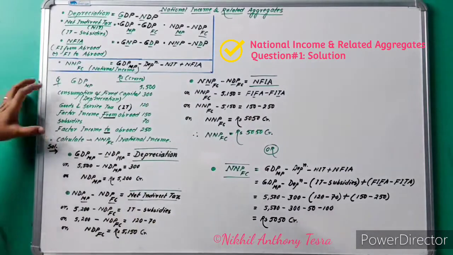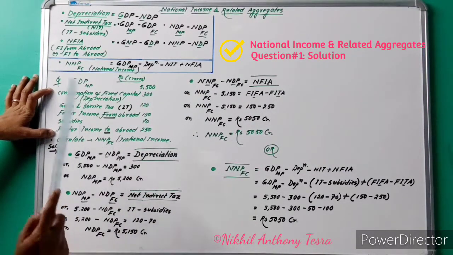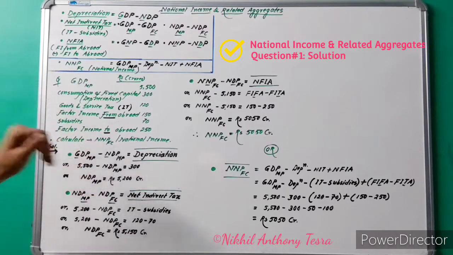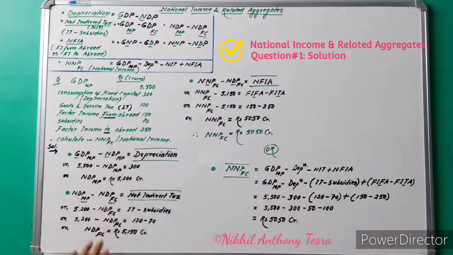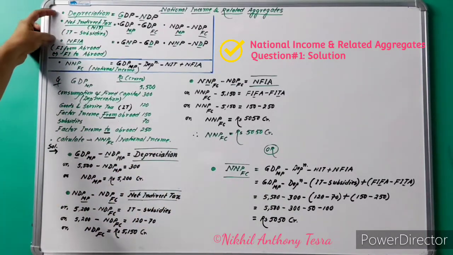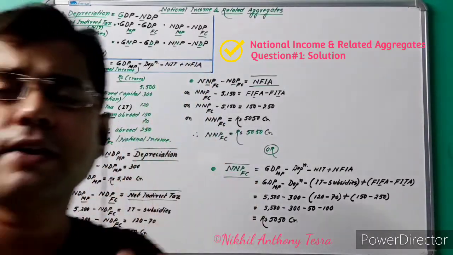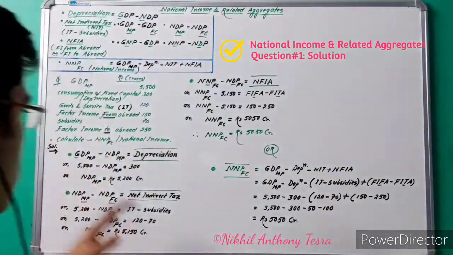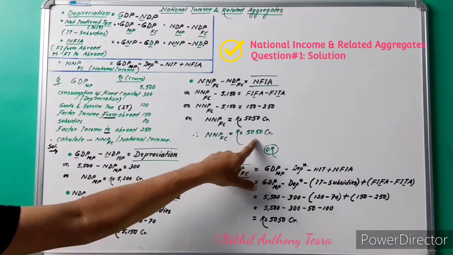In the given question, the question is what? Calculate NNPFC. To start with this, I have shown you two methods actually. In the first method, utilizing depreciation, net indirect tax, and NFI, these three formulas, as I have explained in my last video, the answer is NNPFC, that is 5050 crores.